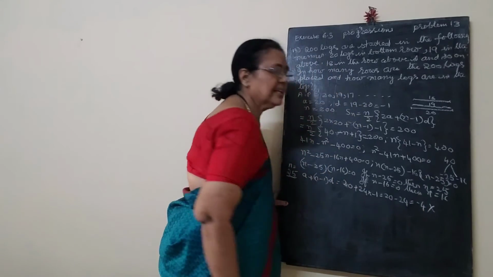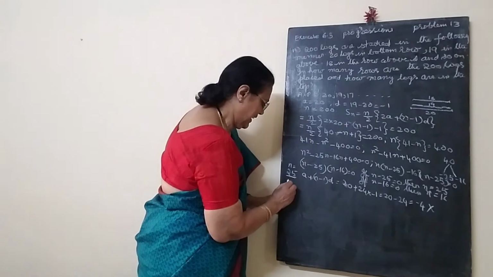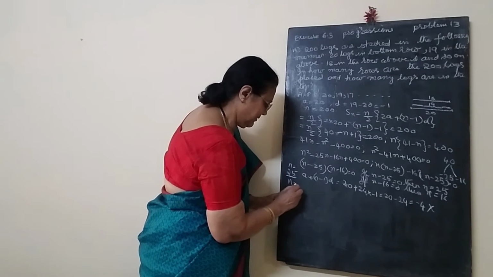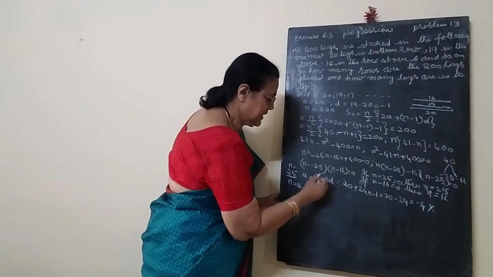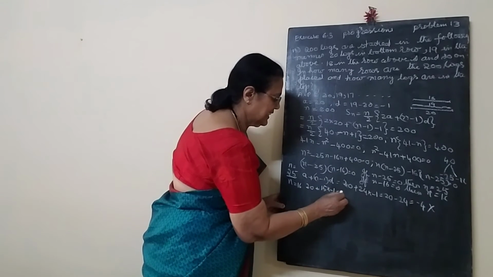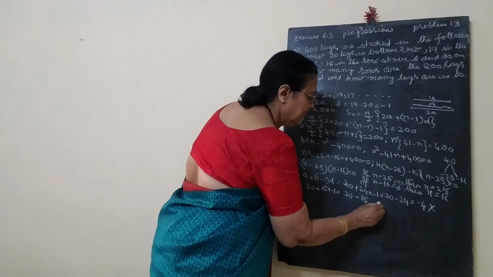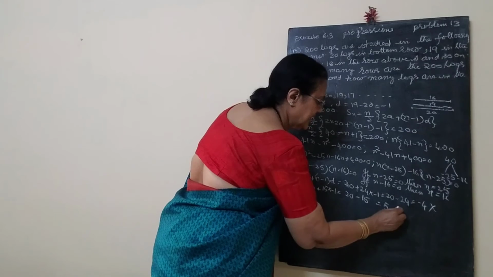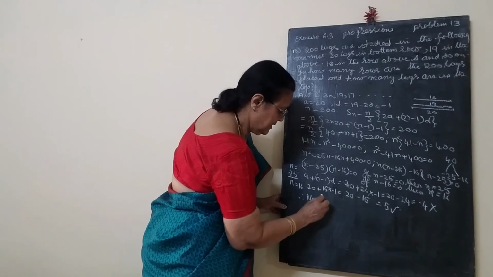This is wrong because the number of logs cannot be minus 4. So we will take n is equal to 16. So 20 plus 15 into minus 1, that is 20 minus 15, that is equal to 5. So this is correct.